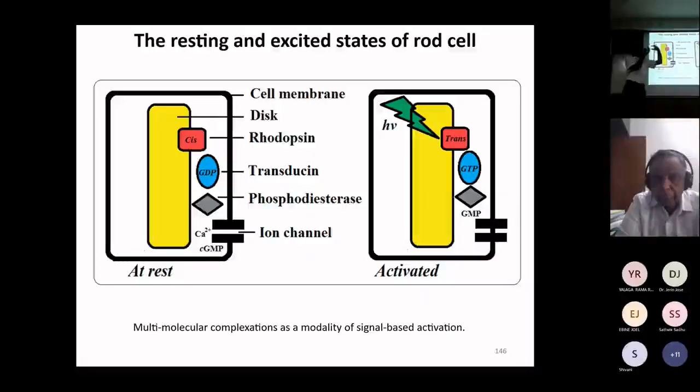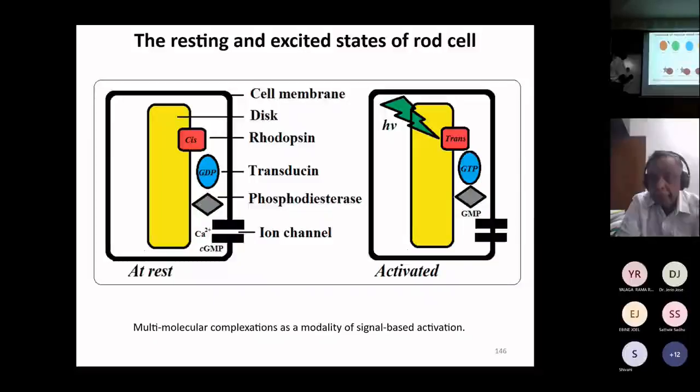Transducin has to sense something with rhodopsin, then detach and deterministically go and bind to phosphodiesterase and activate it. In the molecular mechanistic schemes, this is a very deterministic, multimolecular scheme, and there is no reason given.